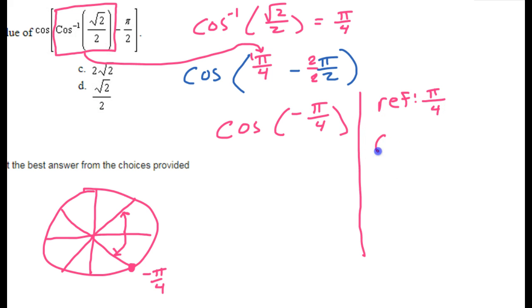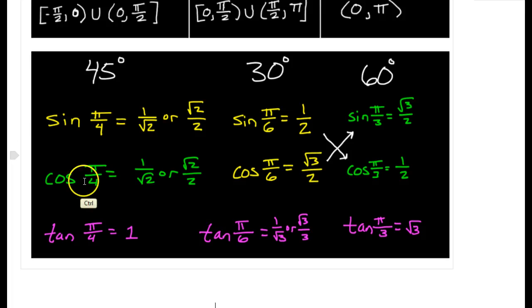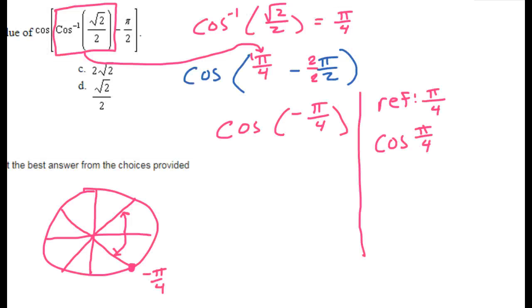And I ask myself, okay, what's the cosine of the reference angle? Okay, we just discussed that. The cosine of pi over 4 is radical 2 over 2, or 1 over radical 2. So that's radical 2 over 2.